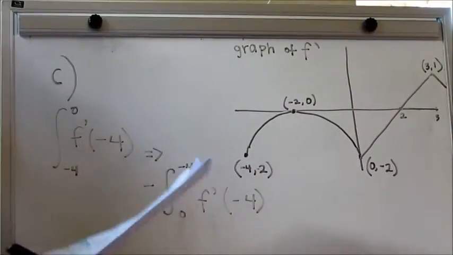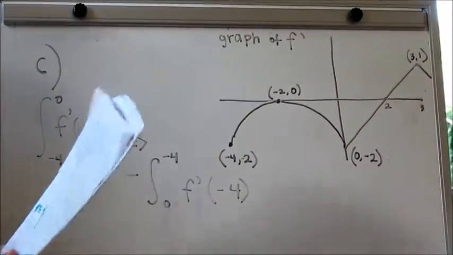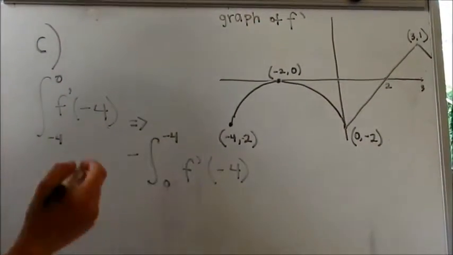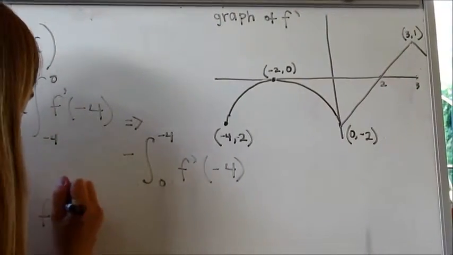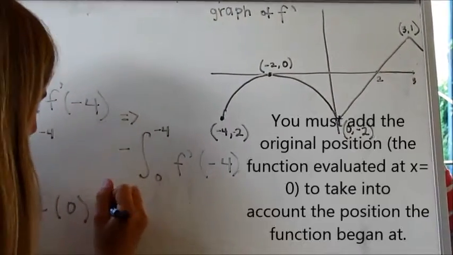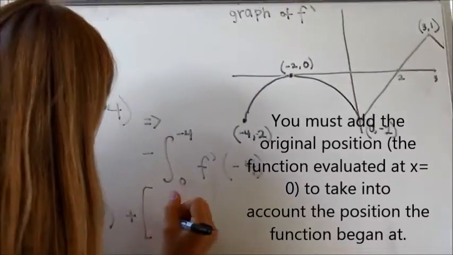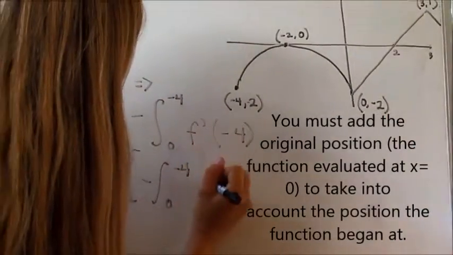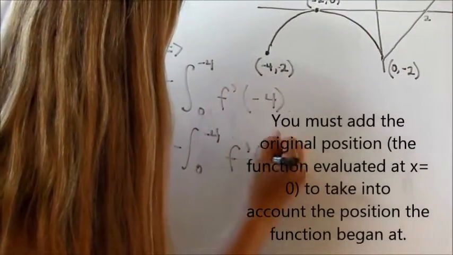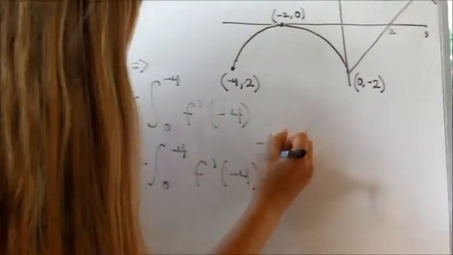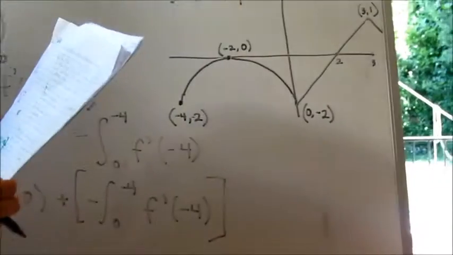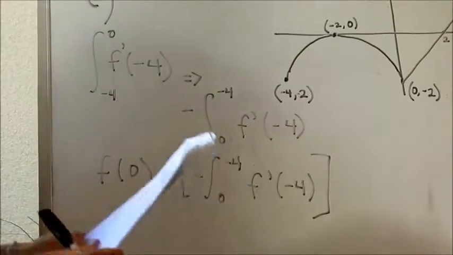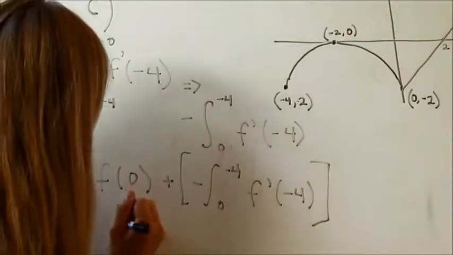Okay, and you have to incorporate the original position of the function, so you have to add f of 0 to the equation. Okay, so f of 0 is given in the original question, being -1.